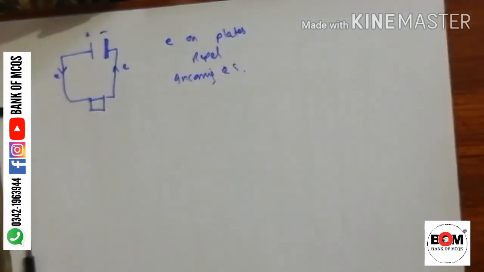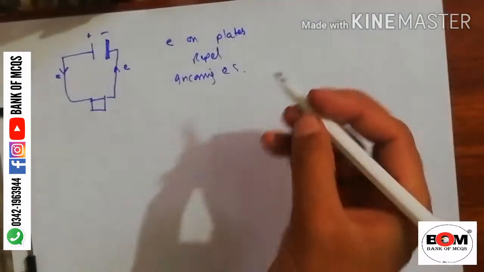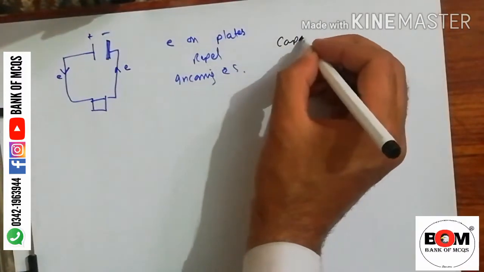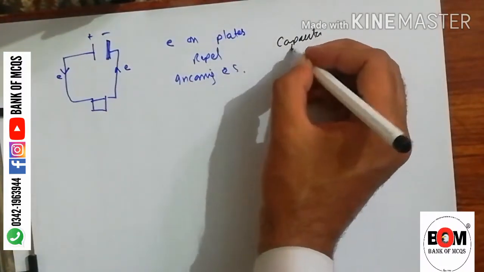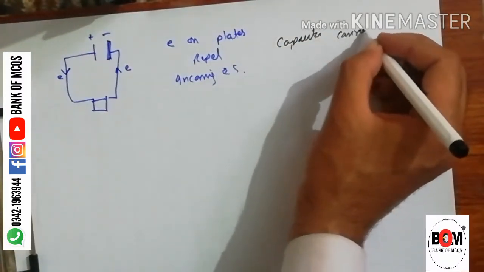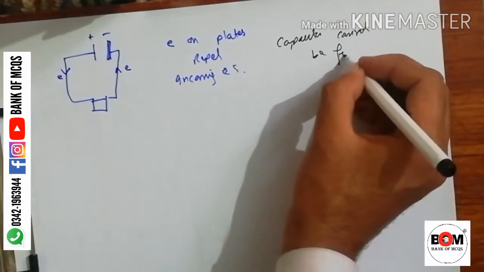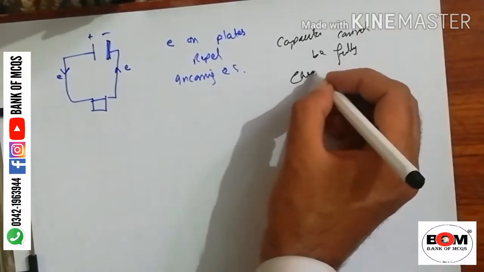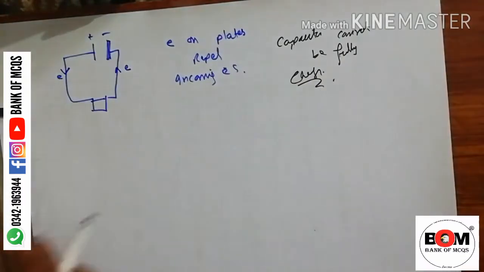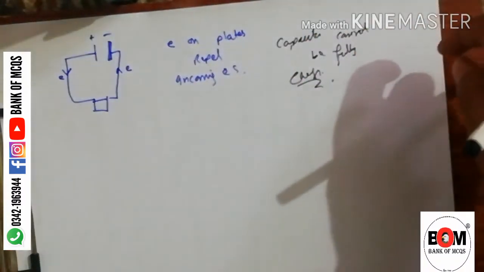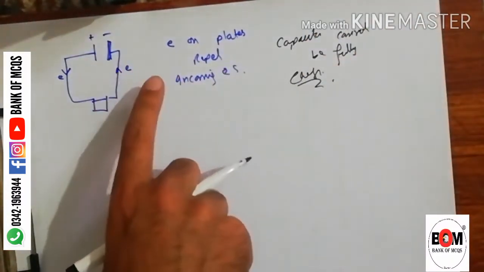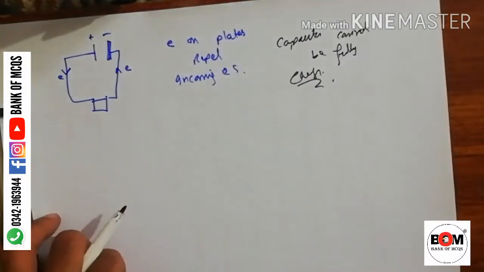So no more electrons can come. So we can say that the capacitor cannot be fully charged. So bear in mind, this is a point for the NTS test, that a capacitor cannot be fully charged. And why? The electrons on these plates repel the more incoming electrons.